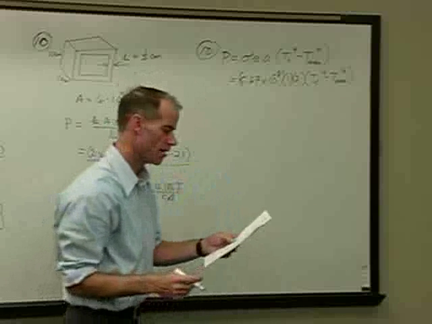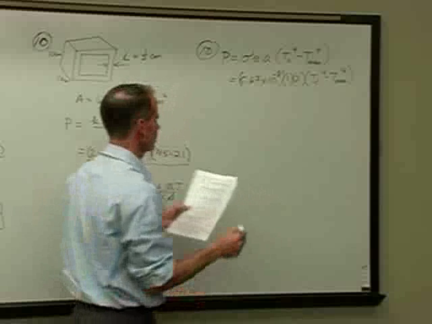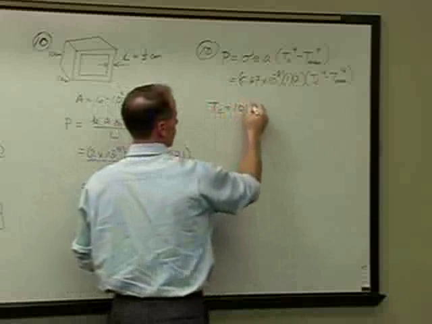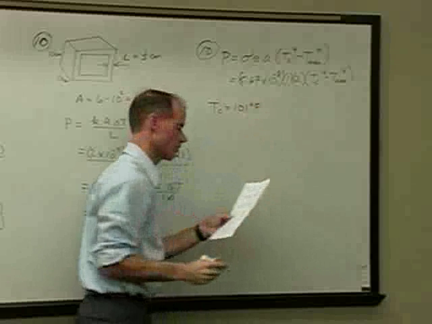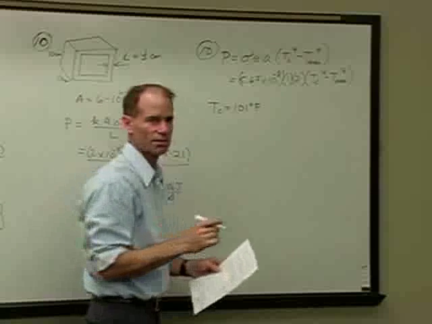So if the child has a 101 degree Fahrenheit temperature, we need to convert that into Kelvin. Let's convert it first into Celsius.